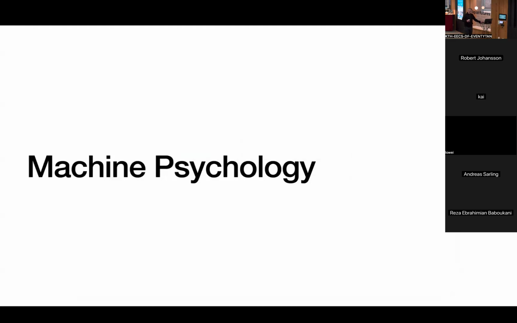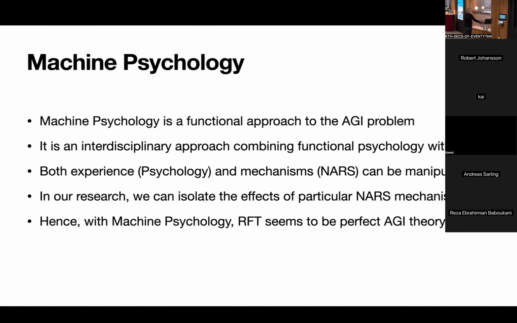Okay, but what do I mean with machine psychology then? It is a functional approach to the AGI problem. And I will say more about what I mean with that. But it's really an interdisciplinary approach combining functional learning psychology with NARS.